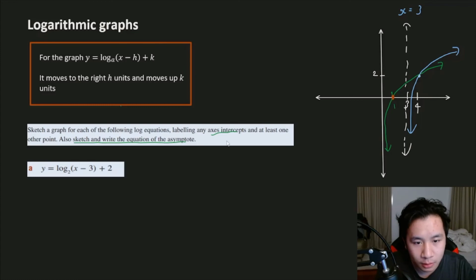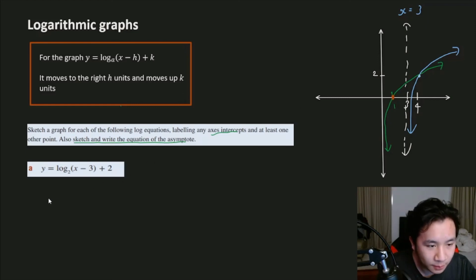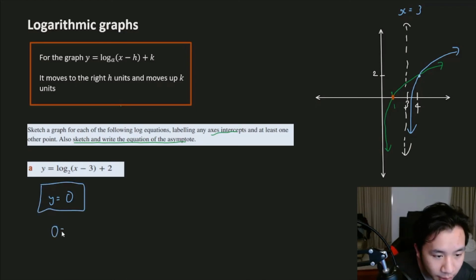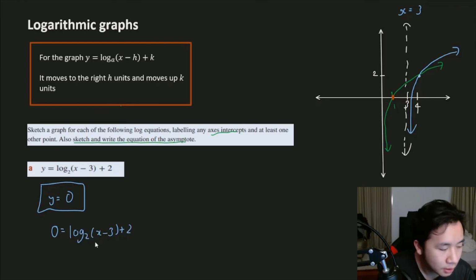But we haven't done this part where it says label any axis intercepts. We know it touches the x-intercept, and for the x-intercept, y has to be equal to 0. That's just a known fact. So I'm going to be solving an equation. Here we have 0 equals log_2(x - 3) + 2.